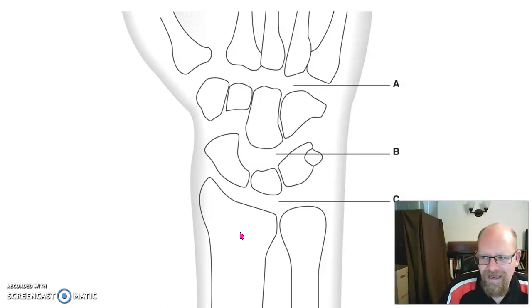Looking at the notes, the intercarpal joint represents the joint that occurs between the carpal bones in each individual row. So instead of going across like A and B, it would be the other direction, 90 degrees perpendicular between those rows.